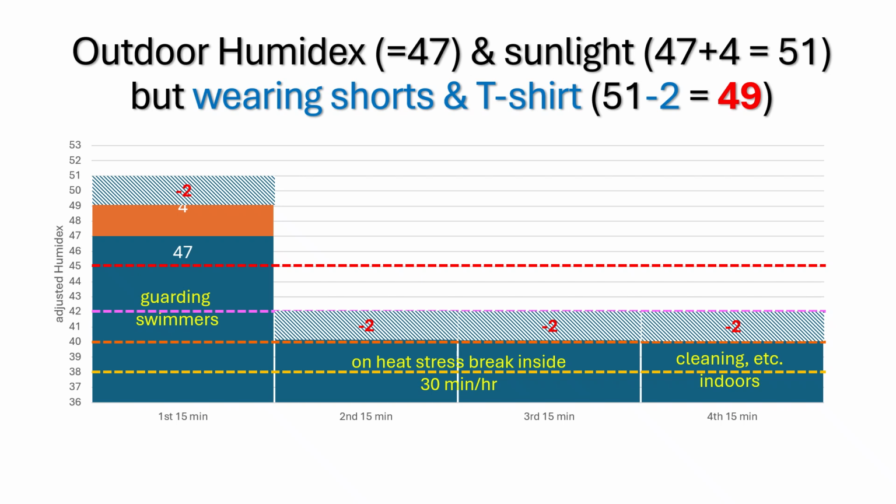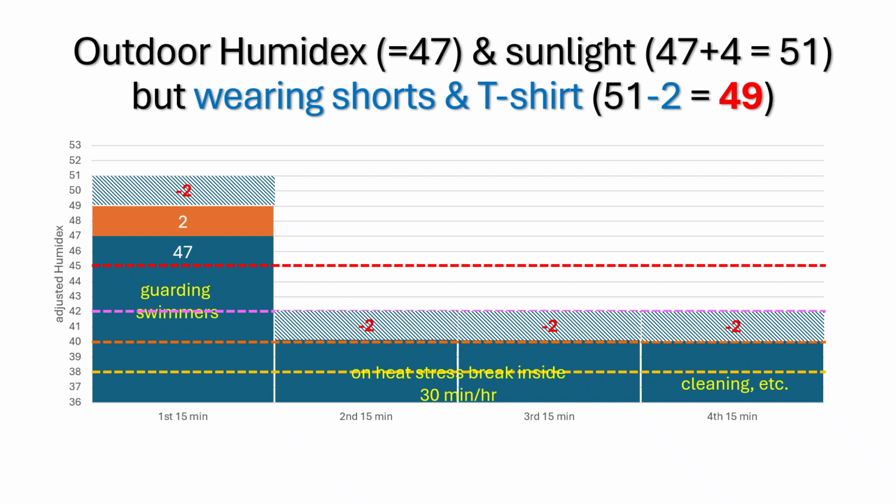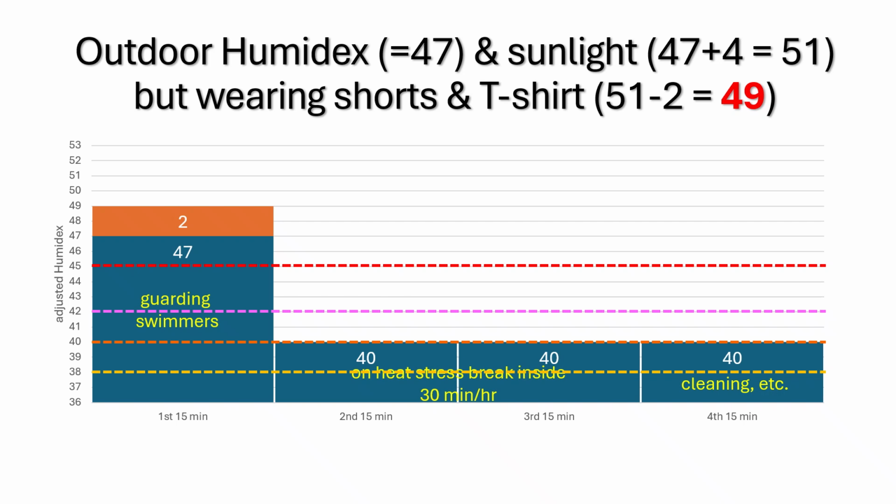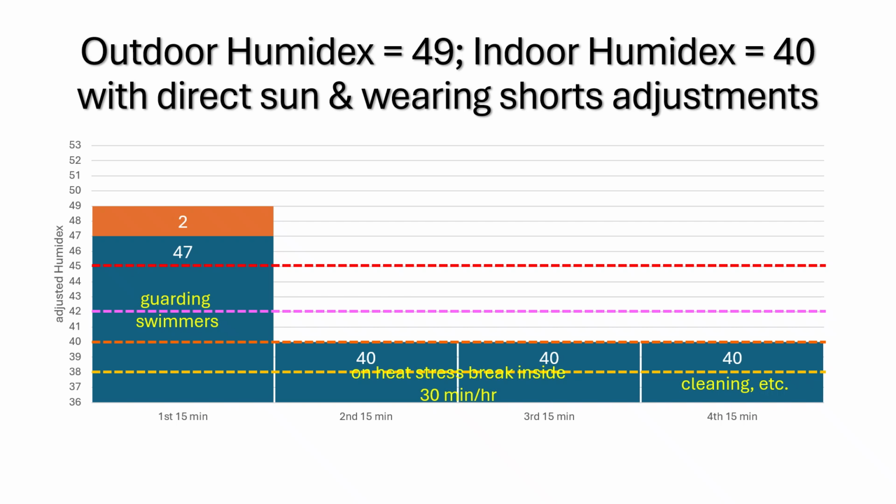Now, because they're wearing shorts and t-shirts, we can take off 2 Humidex units, and so we end up with 49 for the outdoor and 40 for the indoor. So this is our situation, 49 outdoors and 40 indoors.